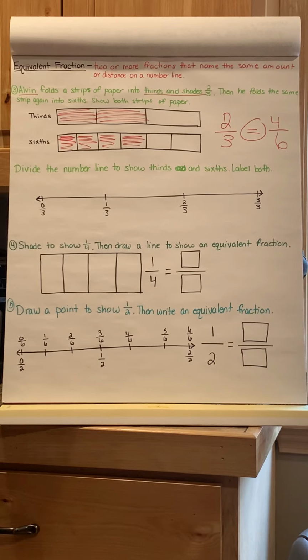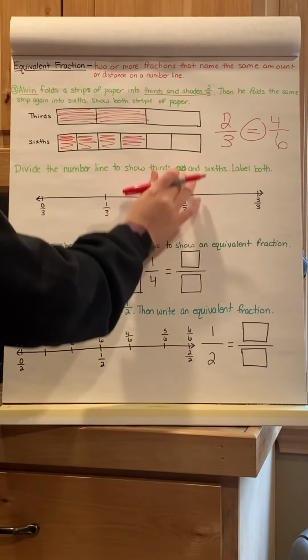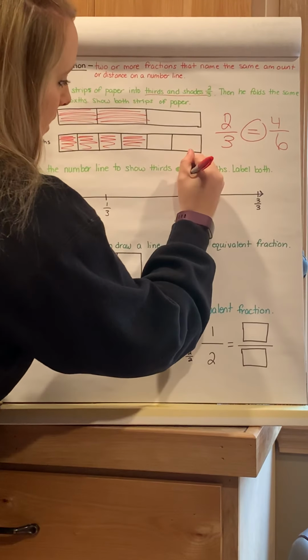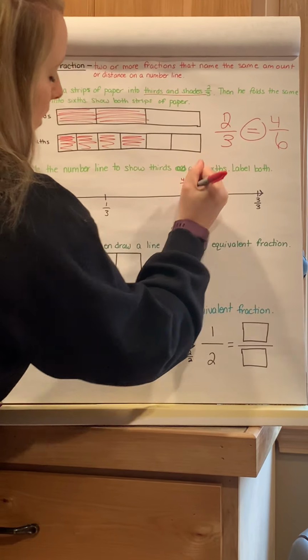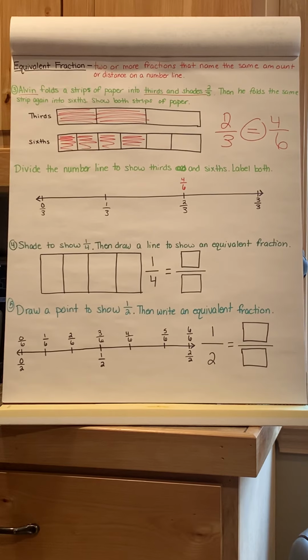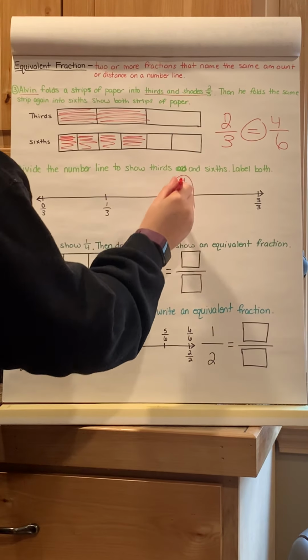Now, the neat thing is we already figured out which sixths is equivalent to my 2/3. I know that 4/6 is going to line up perfectly with my 2/3. So here's those equivalent fractions.